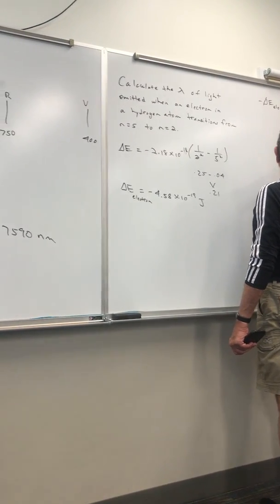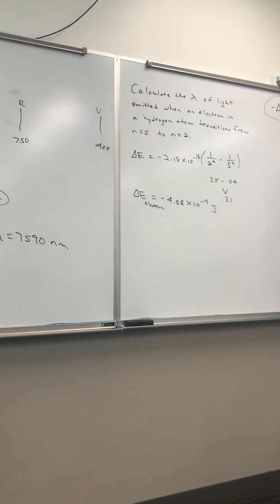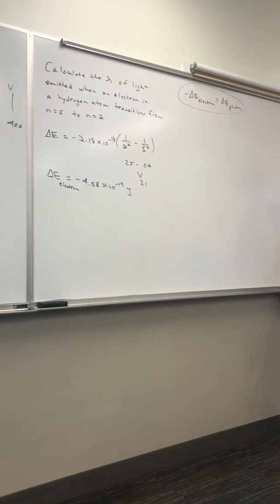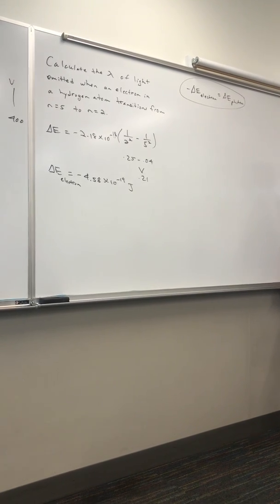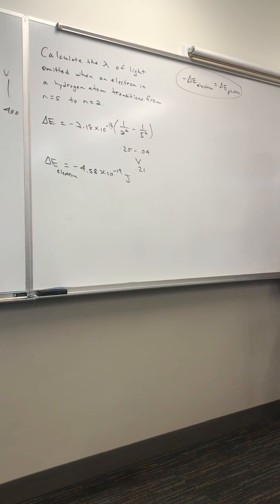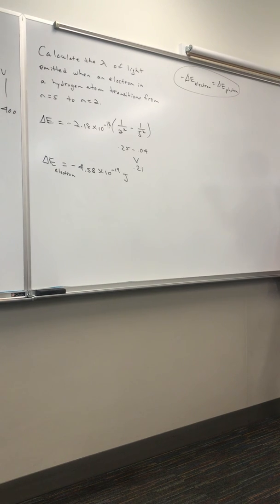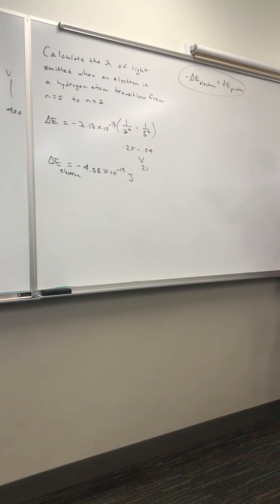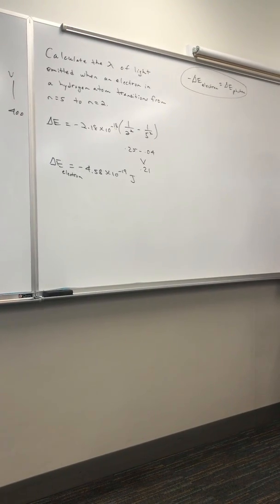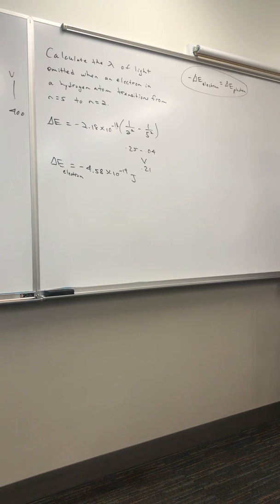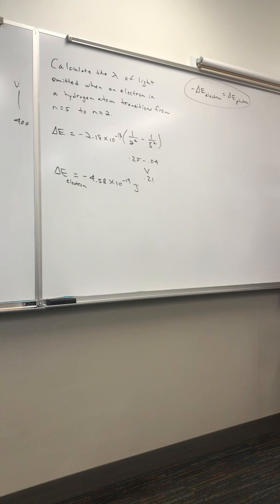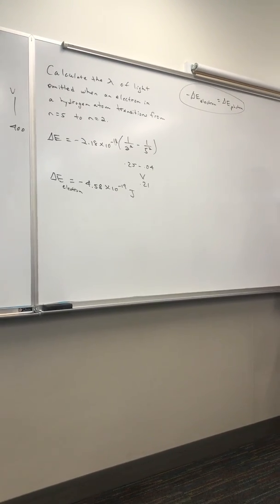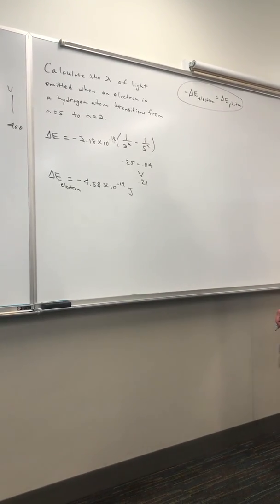This expression is always true. So on Tuesday, when we do calculations exactly like this, not with the same numbers, but exactly this format, and you decide you're going to give me your report with a negative wavelength, I will not be happy. Don't worry, we'll address that again on Tuesday.